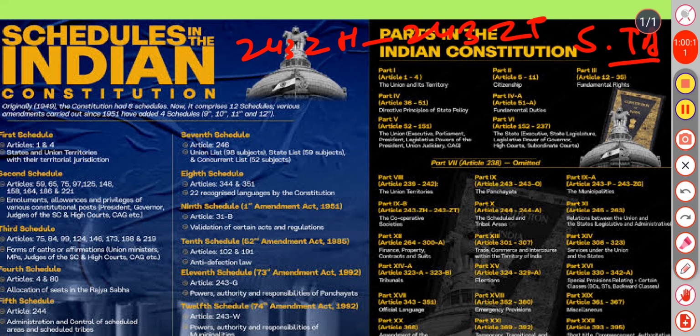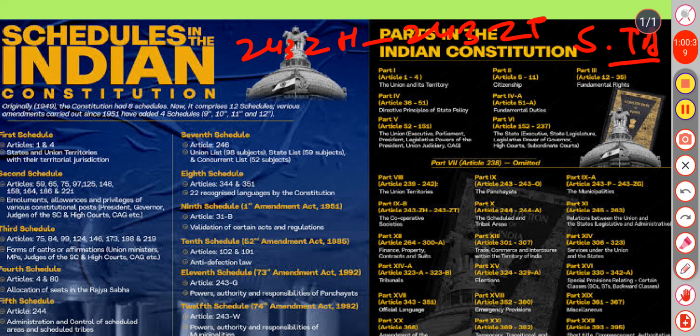So this is also important, and this is related to Articles 245 to 263, and it indicates the relation between the Union and the States. So it is important. Okay, so next, Part 11 is covered, and now move to Part 12.